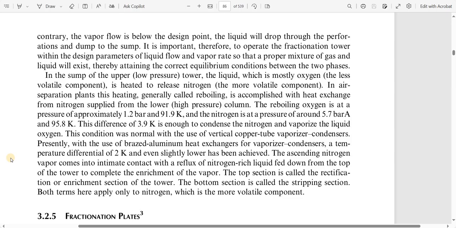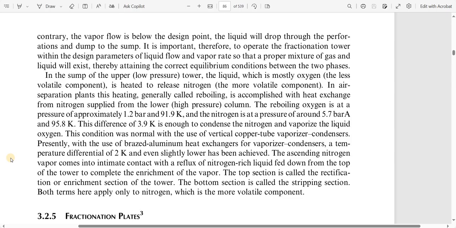The reboiling oxygen is at a pressure of approximately 1.2 bar and 91.9 K, and the nitrogen is at a pressure of around 5.7 bar and 95.8 K. The difference of 3.9 Kelvin is enough to condense the nitrogen and vaporize the liquid oxygen.